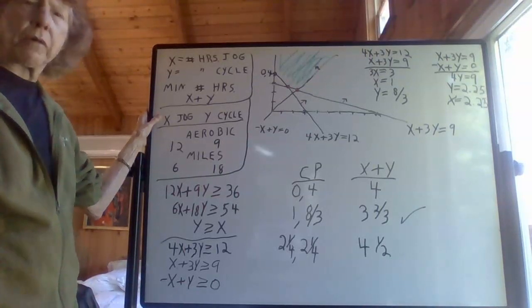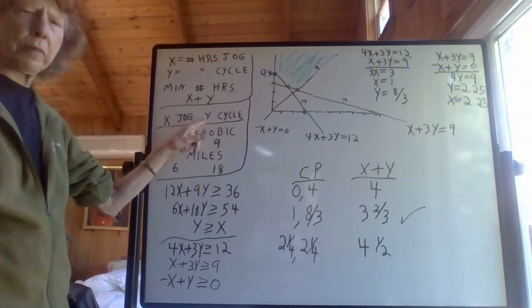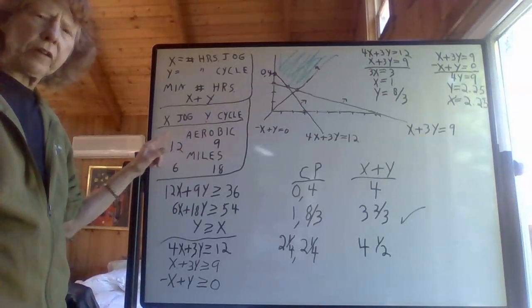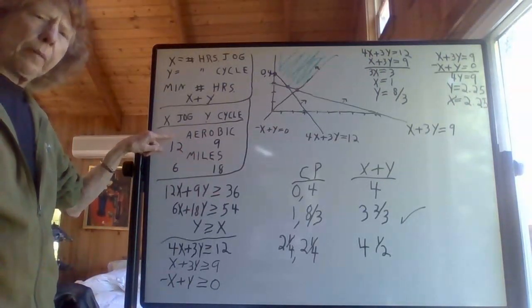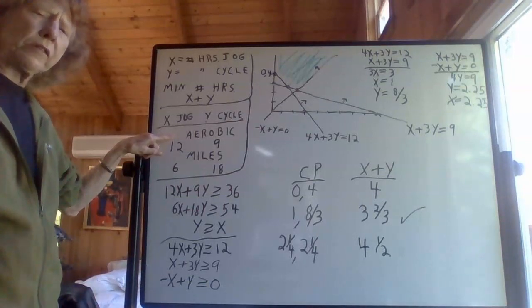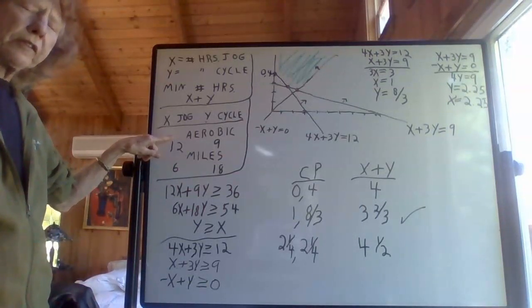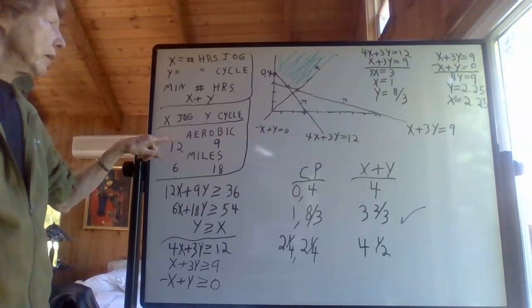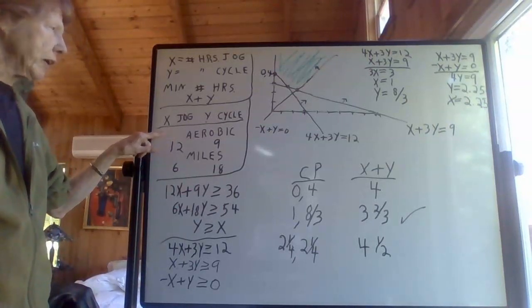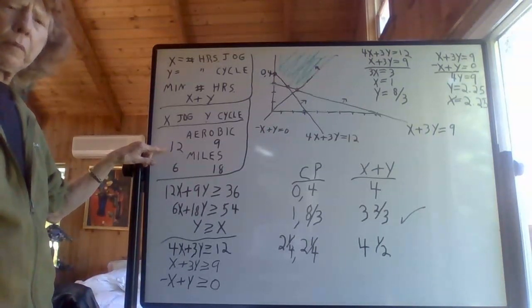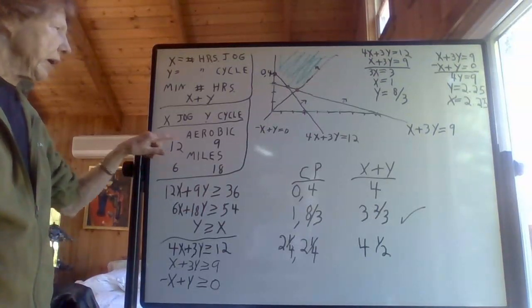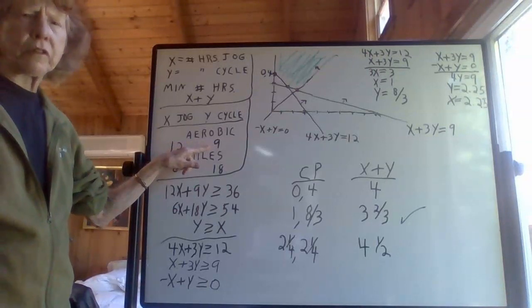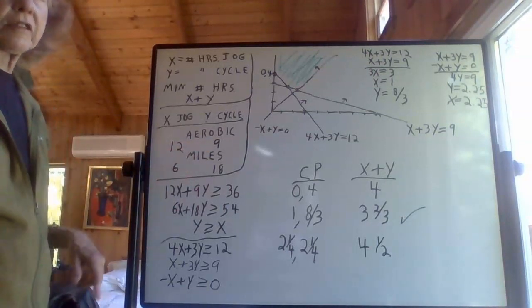X is the number of hours a day she jogs, Y is the number of hours a day she cycles, and she has two constraints here. The aerobic points, she wants to make sure she gets enough aerobic points. So for jogging, she gets 12 aerobic points for every hour she jogs, and 9 aerobic points for every hour that she cycles.